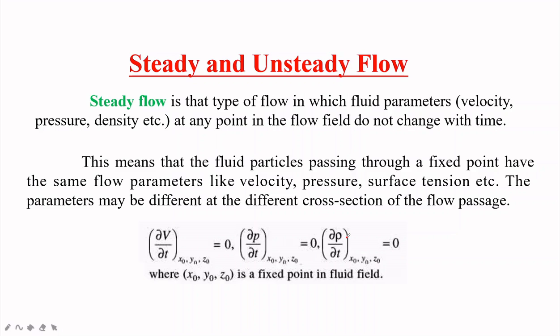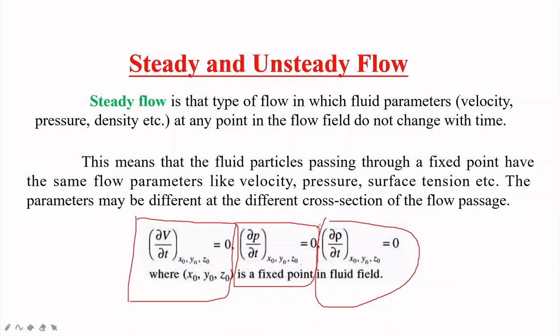Because it is the same. So in steady flow, dou v by dou t should be equal to 0, dou p by dou t should be equal to 0, and dou rho by dou t should be equal to 0. If these conditions are satisfied, it is our steady flow.